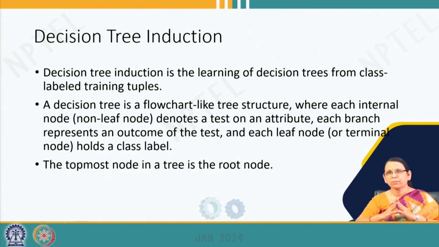So, if you follow the path starting from the root and depending on the root variable take a branch, then you can reach the leaf node. And once you create the tree, when a new data set comes, you start testing the attributes which is there in the root node and you continue.